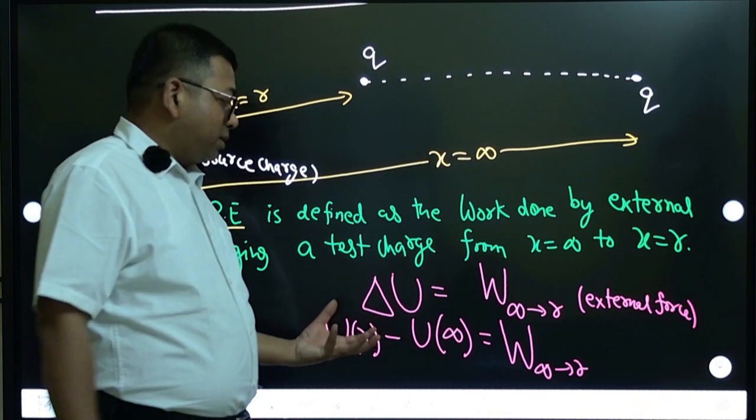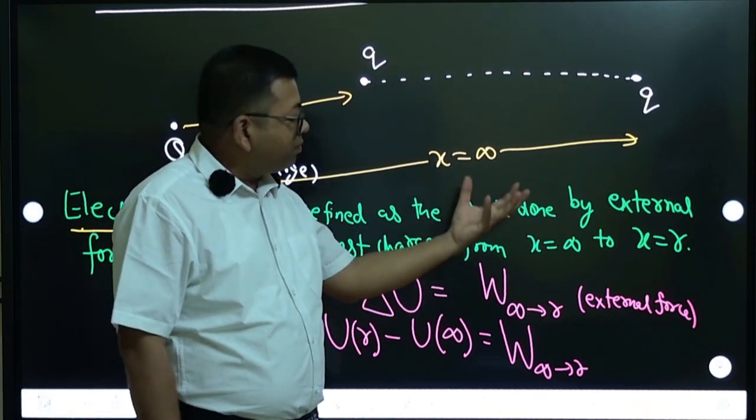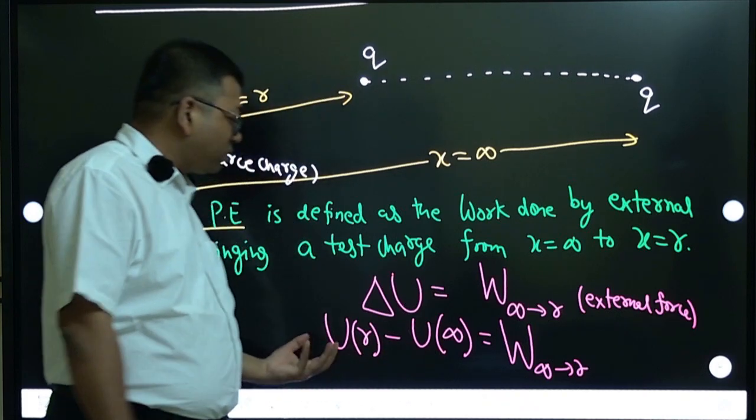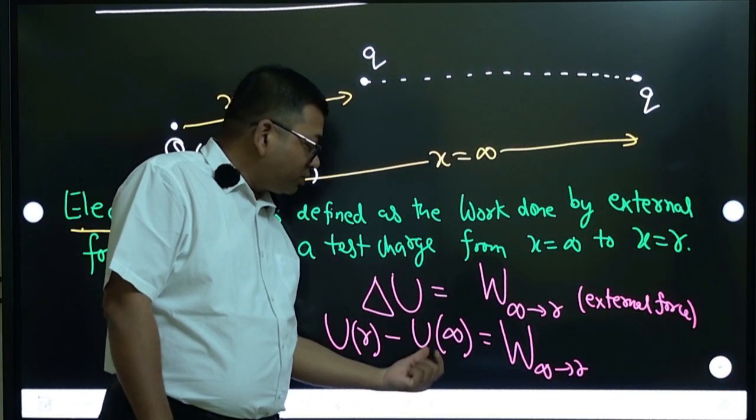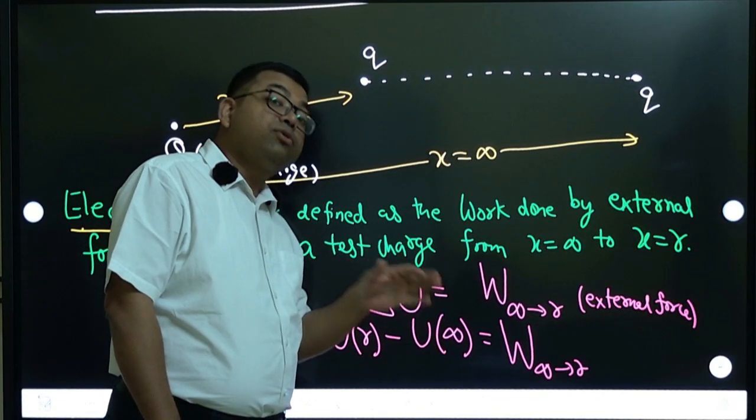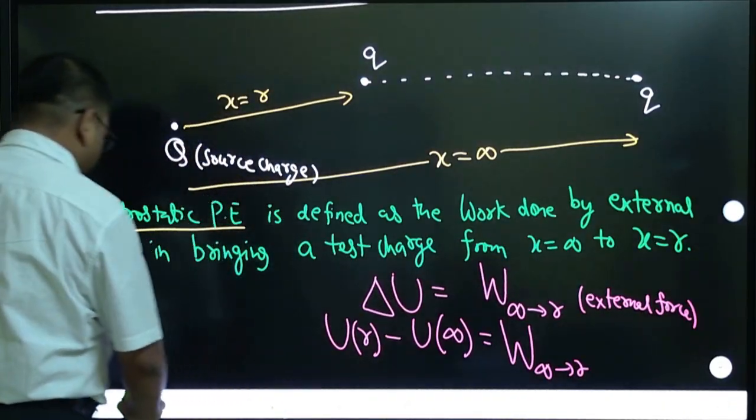So work done by external force in bringing from infinity to this location is nothing but the change of potential energy. By assumption we are choosing potential energy at infinity to be zero, but note that it may not be zero.